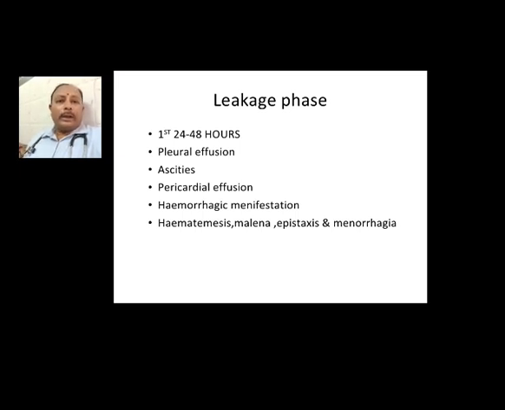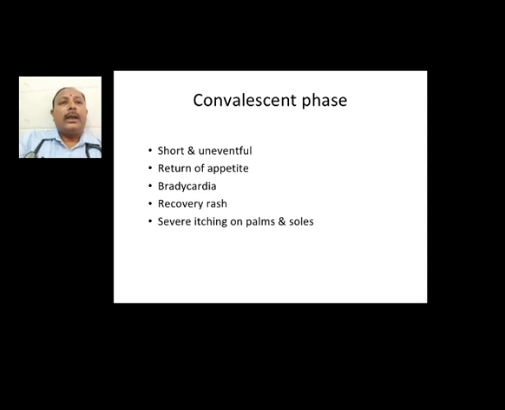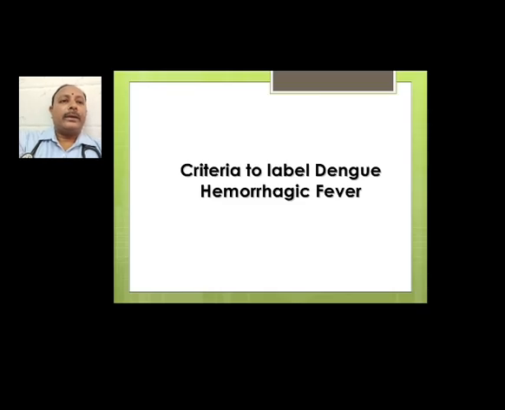So, the leakage process fills the fluid in the body cavities. Now, convalescent phase, short and uneventful, with return of appetite, bradycardia, recovery rash, severe itching on palms and soles. These are the signs of the convalescent phase.